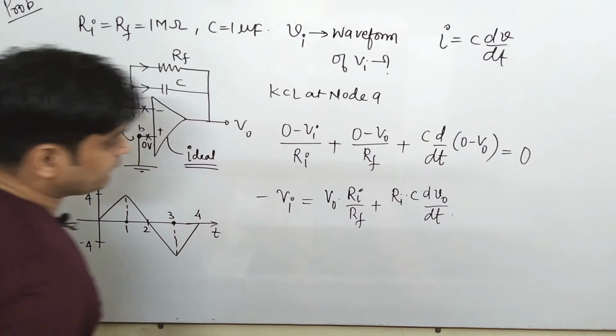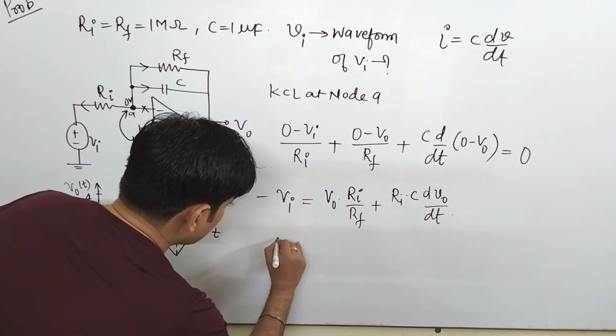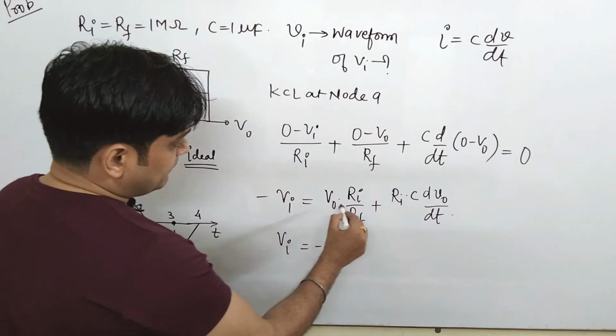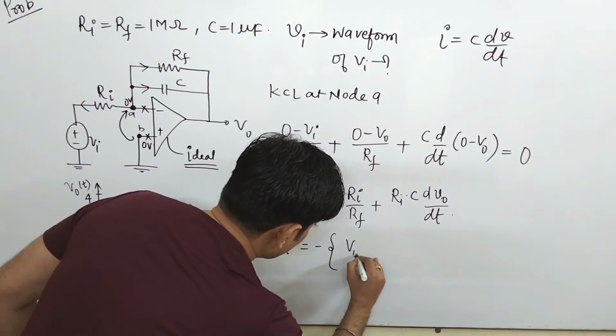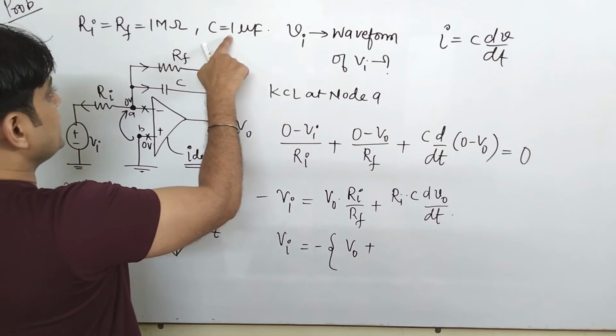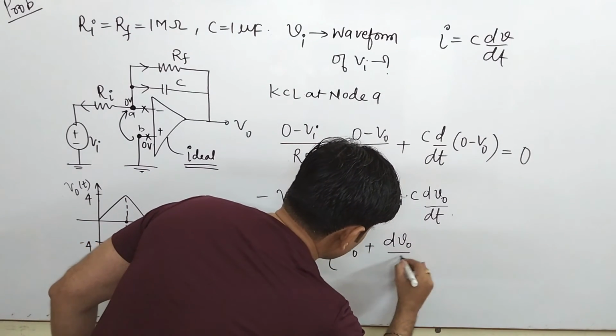This is your minus Vi. I have just transferred all values there itself. So that comes to be Vi equal to, take minus of f common. Now please see, the value of Ri is 1 mega ohm, Rf is 1 mega ohm, so that comes to be V0 plus Ri into C, that is 1 microfarad, 1 mega ohm, that comes to be 1. So that is dV0 by dt.